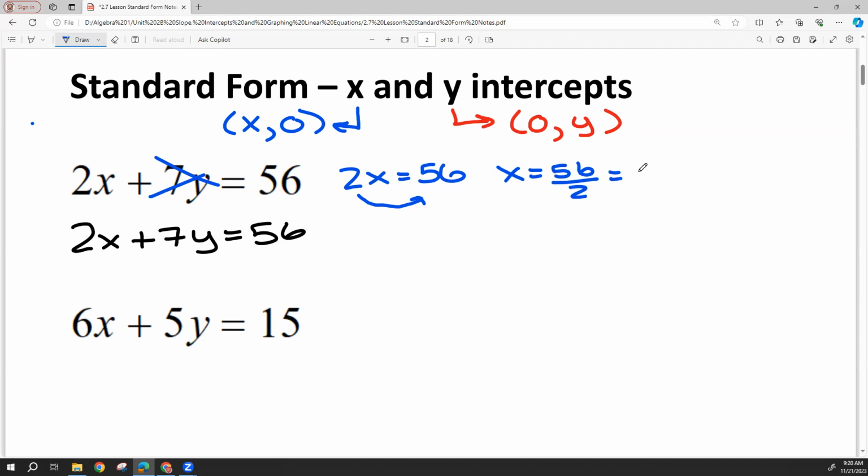And I'm dividing 56 by 2, and I'm getting 28. And so my x-intercept is 28, 0. So if we were to graph this line, it would cross the x-axis at positive 28.